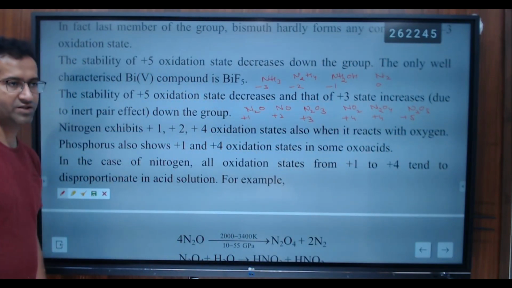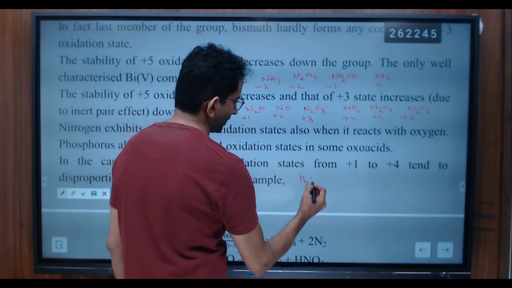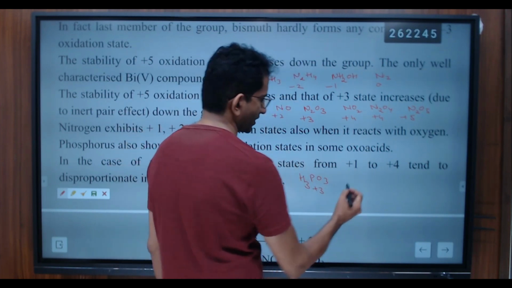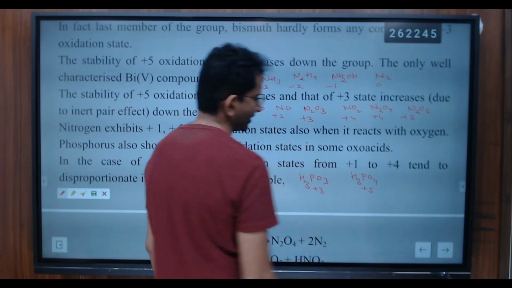Phosphorus generally has stable oxidation states of +3 and +5. H3PO3 has +3 oxidation state; this is called phosphorus acid. H3PO4 has +5 oxidation state.